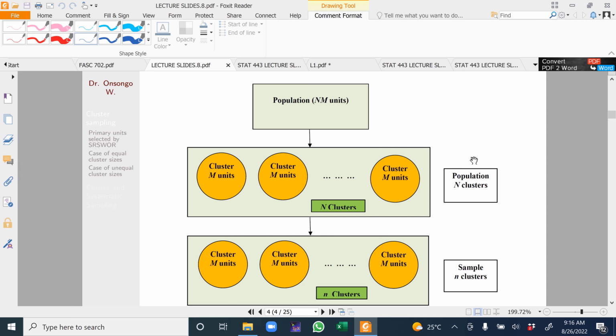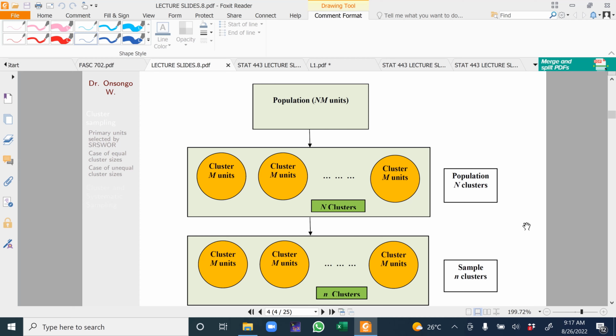Now, from these 16 regions, you select a sample of small n clusters. So you can randomly select. Maybe you are interested in reducing your focus to 5 regions.